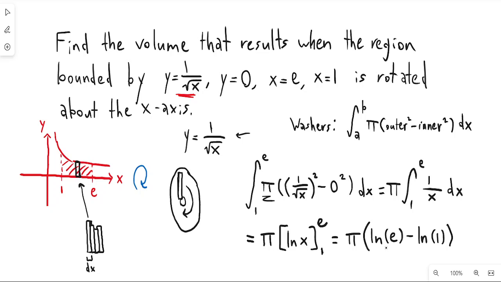Okay, but the natural log of e is just equal to 1 because the natural log and the e cancel each other out, right? So this one's just equal to 1. And then the natural log of 1 is equal to 0. So that means that what I have here is the same as just pi times 1. So that means that my final answer is just equal to pi.